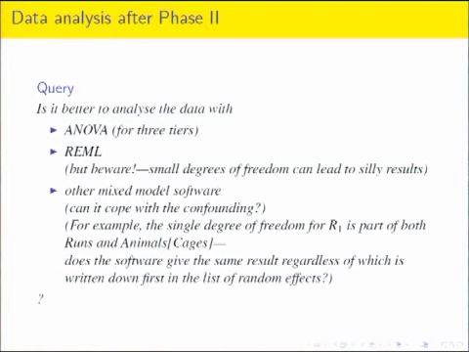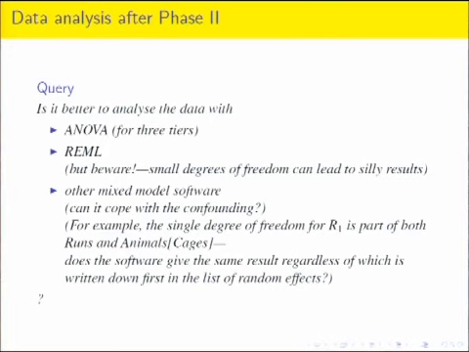So you might think of just using your favorite mixed model software. Well, Chris Bryan has done some experiments, isn't quite the right word, but he's tried out some of them. And it may not be able to cope with the sort of confounding that's going on. So what do I mean?